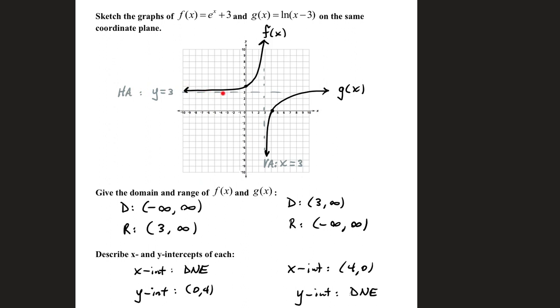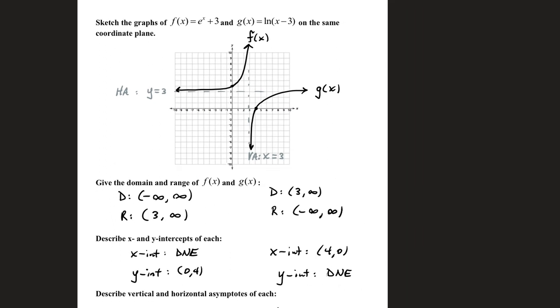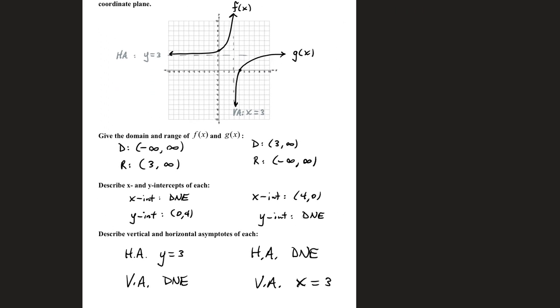There's a horizontal asymptote of y equals 3. For the logarithmic function, there's a vertical asymptote of x equals 3. And so down at the very bottom of your screen, these asymptotes are for the exponential graph, e to the x plus 3. These asymptotes are for the logarithmic function, natural log of x minus 3.